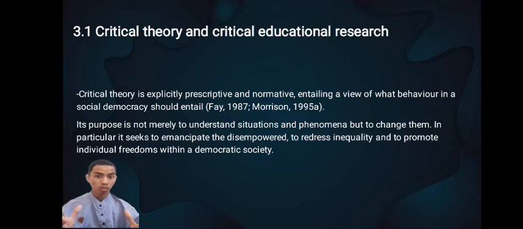In particular, it seeks to emancipate the disempowered, to redress inequality, and promote individual freedoms within a democratic society. Its intention is not merely to give an account of society and behavior, but to realize a society that is based on equality and democracy for all its members.